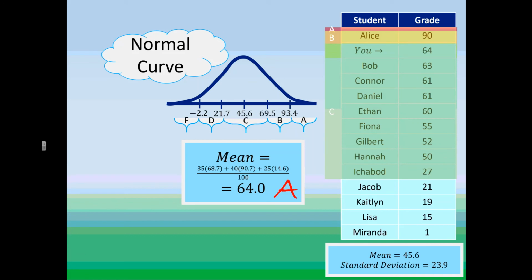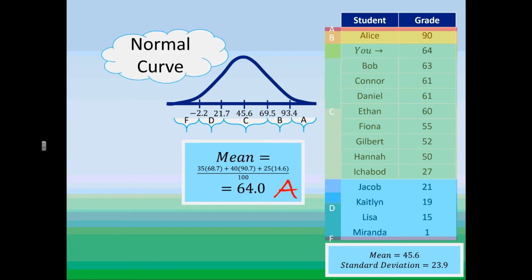Then we've got a whole bunch of C's. Everyone tries to fall in the C range. That's what the normal curve is designed to do. The majority of people will get into the middle of the curve. Notice, even Miranda, who can barely spell her name, doesn't get an F. She gets a D. In order to get an F, you would somehow have to get a negative grade, which is impossible.